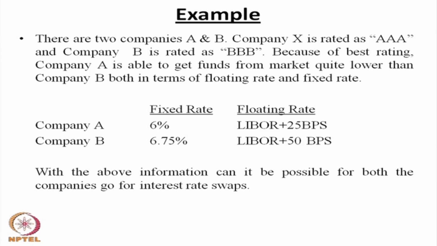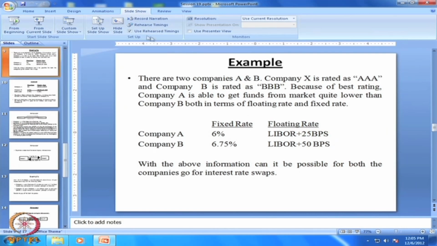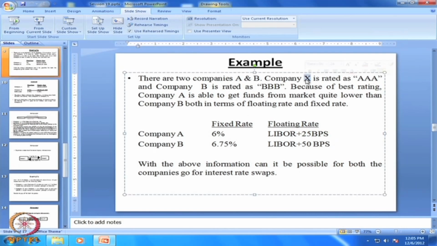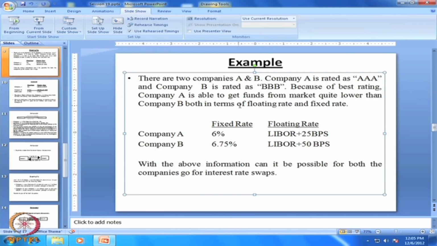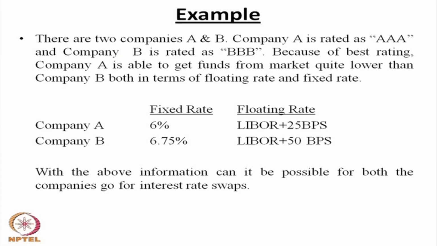Company B is getting a low rating, so for him it is difficult to borrow at a very high rate. So, they wanted to go for a transaction of interest rate swap. So, what is the problem?